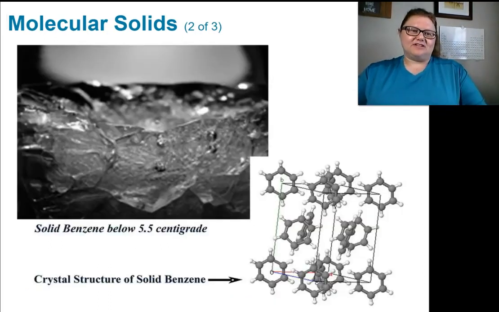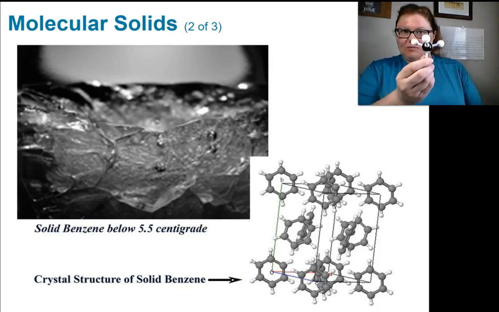And this image I grabbed just to show you benzene. You're probably not familiar with it. It's just used as a solvent in chemistry. It really doesn't have any industrial use. But if we freeze it, it just looks like ice. You can see in that picture, it's a clear solid. But then I liked this image because it showed the crystal structure. So you can see that ring that is characteristic of benzene. The carbons are all that gray, and the white are hydrogen, just as we saw in a previous video with my model kit.